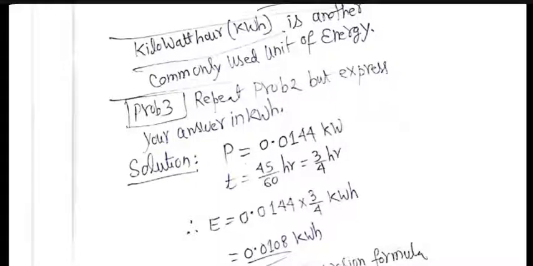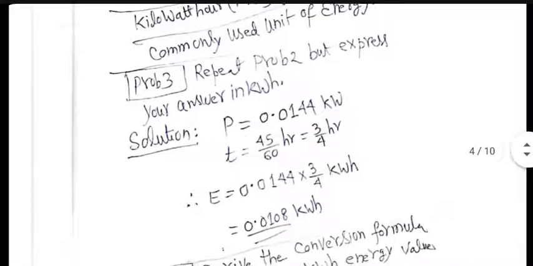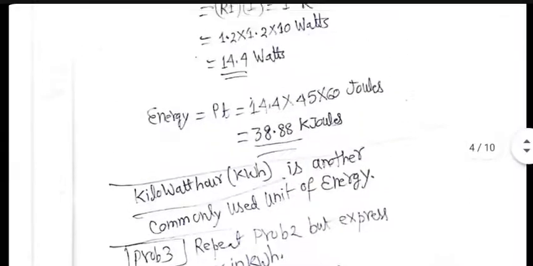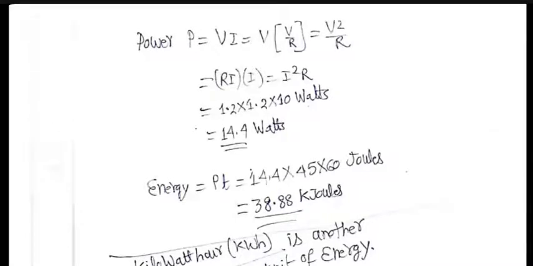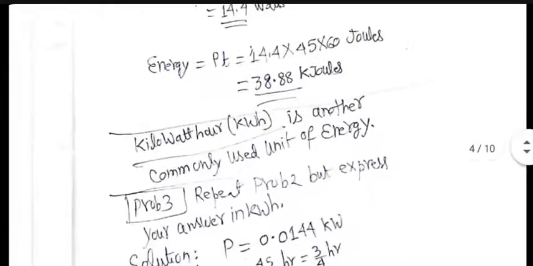Multiply the two, you will get the energy in kilowatt hour. 0.0144 multiplied by 0.75. Hopefully there is no mistake in my calculation. So the same problem will have the answer 0.0108 kilowatt hour instead of 38.88 kilojoules.